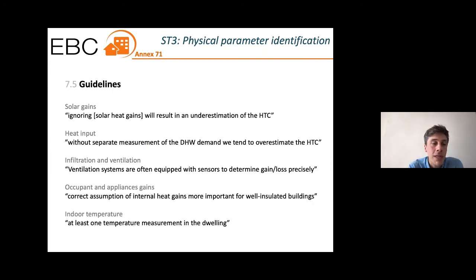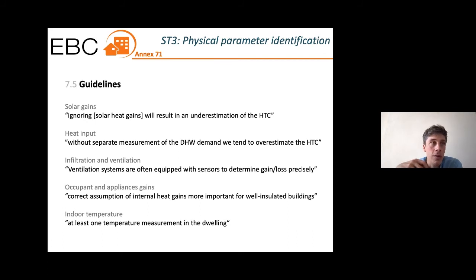So also from this exercise, applying the best approaches to the different case studies, we've collected some guidelines. As I said earlier, ignoring the solar heat gains will result in an underestimation of the heat transfer coefficient. What we also saw is that without separate measurement of the domestic hot water demand, we tend to overestimate the heat transfer coefficient.